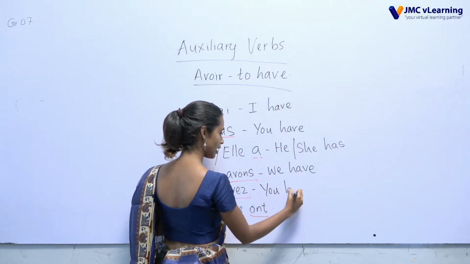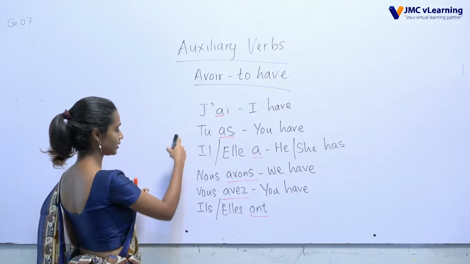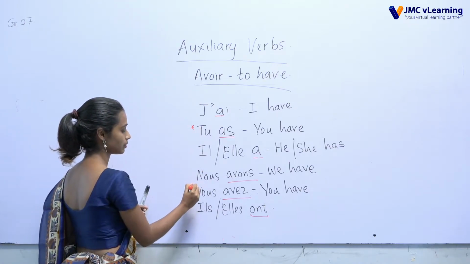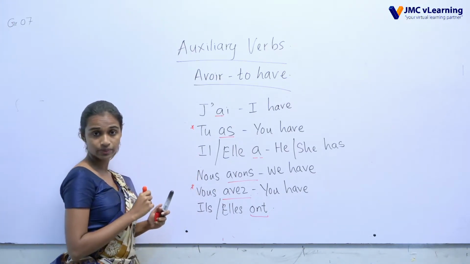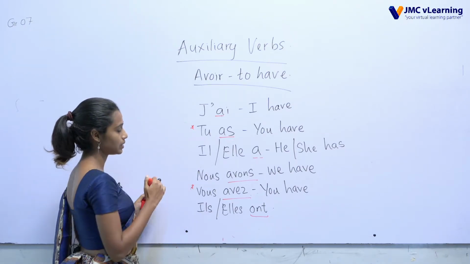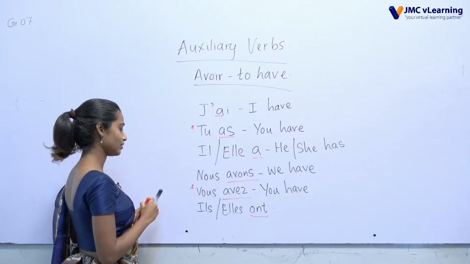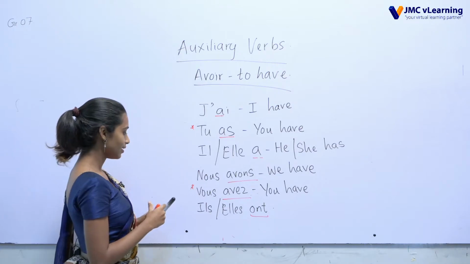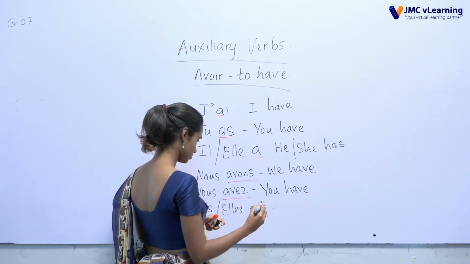You have. So what is the difference between vous and tu? Yes, tu is used for informal speech and vous is used for formal speech, and then tu is used for singular speech and vous is used for plural speech, right? And then they have ils ont, elles ont.